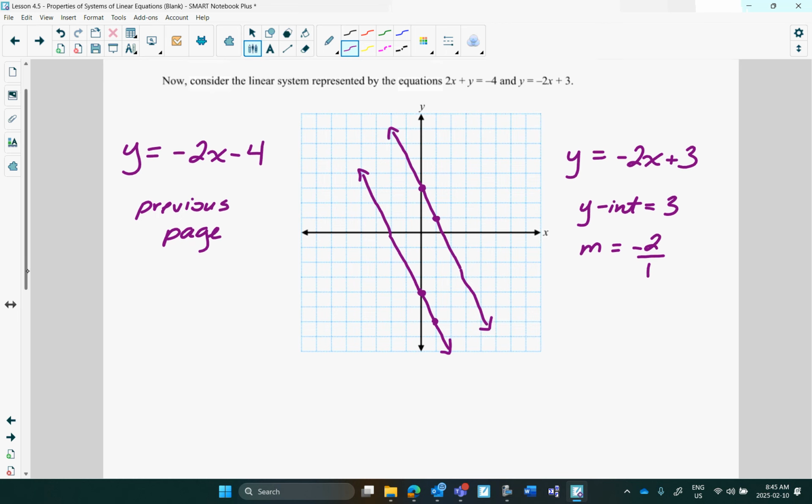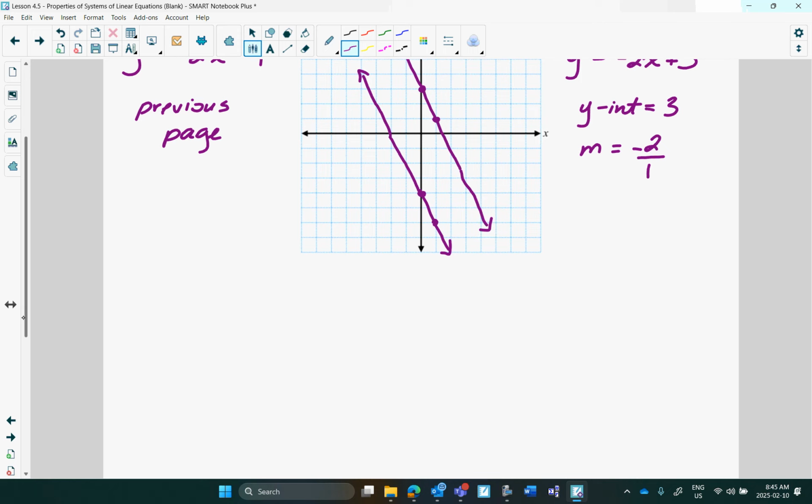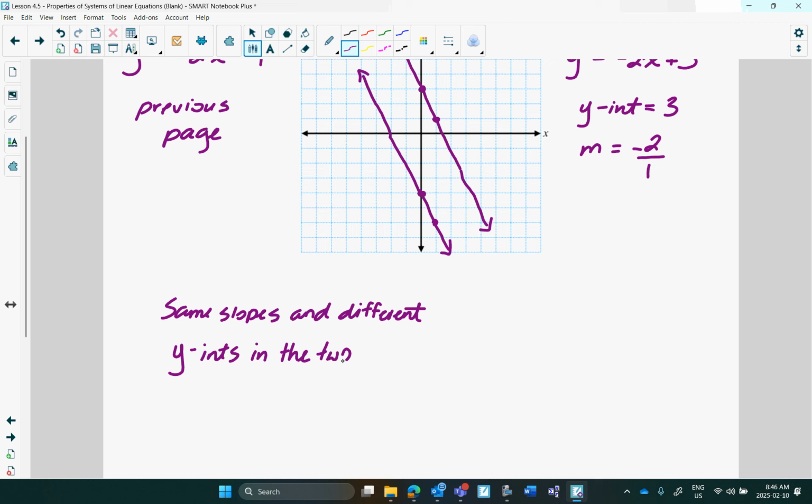So our conclusion here is that same slopes and different y-intercepts in the two equations means that they will never cross.